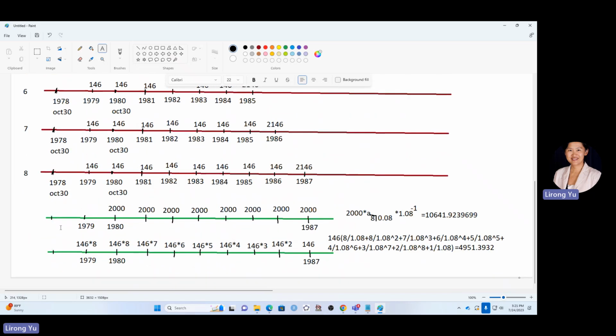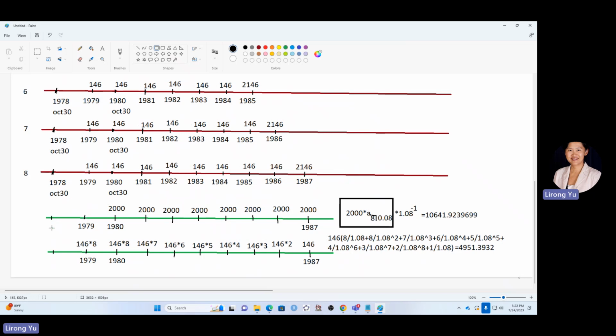So I started drawing a different timeline. The maturity payments are all 2000 because the face value is 2000. You can think of it like an annuity of 2000 each year starting 1980. So this calculation can be done using 2000 times a-angle-8 at 0.08, but that will be the present value at 1979.